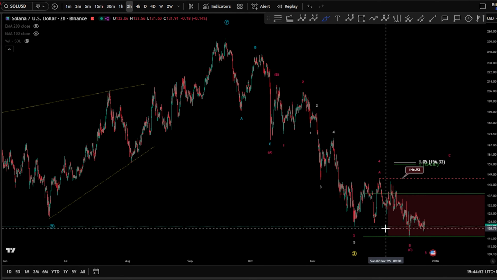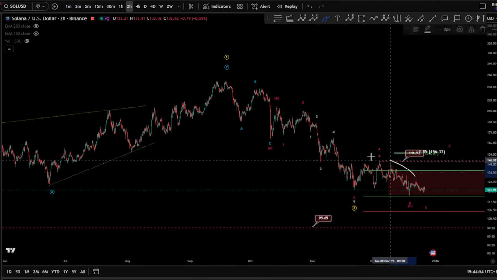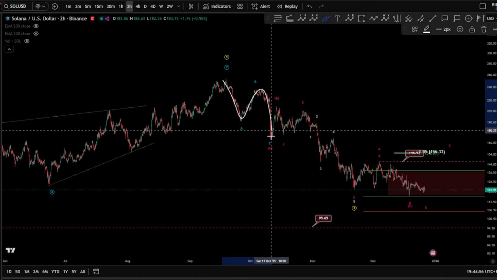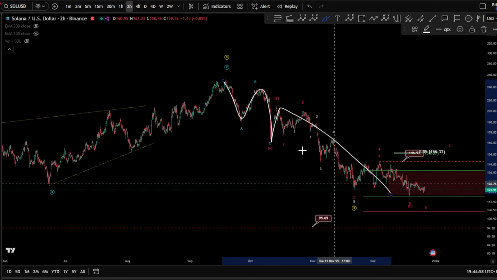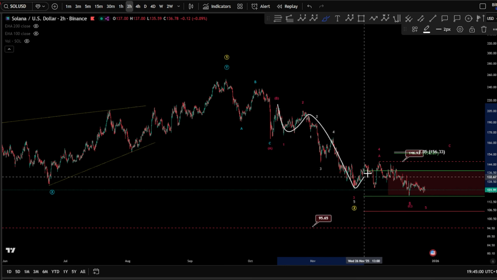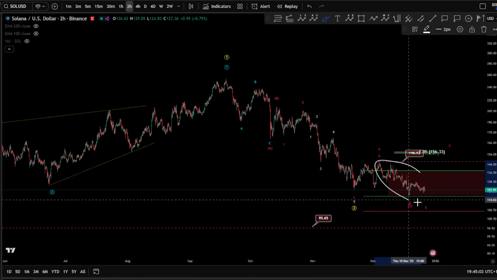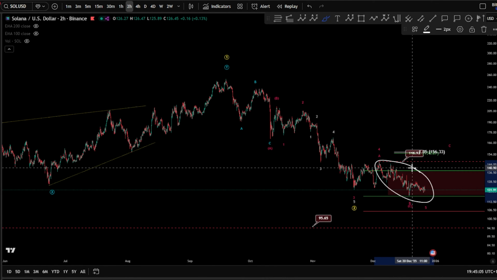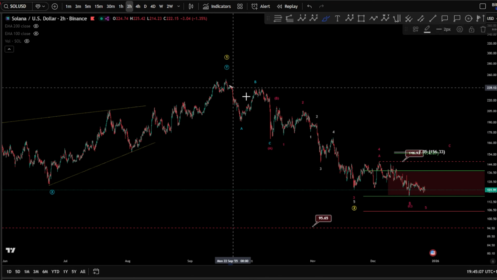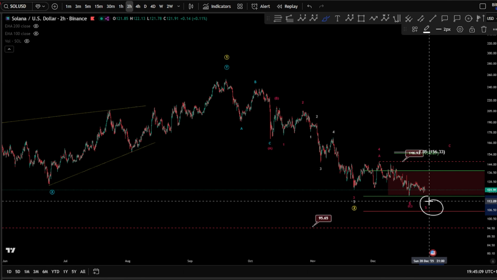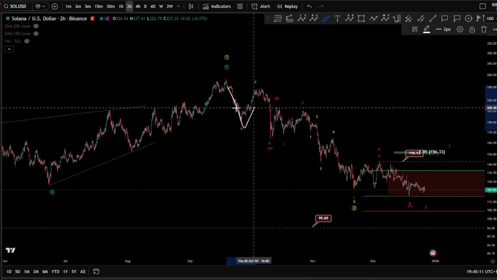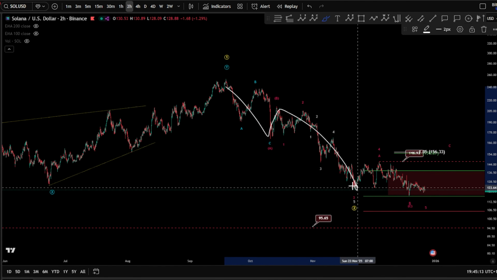Yeah, we don't know what is unfolding exactly in this area. Now we know, of course, that we have A, B, and a C here, but the wave C, if it is 1, 2, 3, 4, and a 5, what a horrible wave 5, right? So we're still confused. Is it a wave 5 that's still unfolding there, or is it an A, B, and a C finished over there?